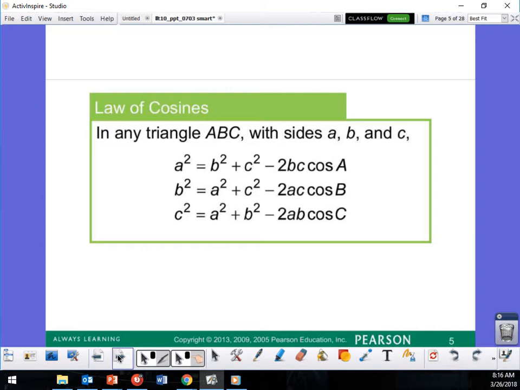So there's another way of writing this, which would be a equals the square root of b squared plus c squared minus 2bc cosine of A. This is more simplistic because it's done. The first one solves for the square of your side, but you're going to need the side, not the square.